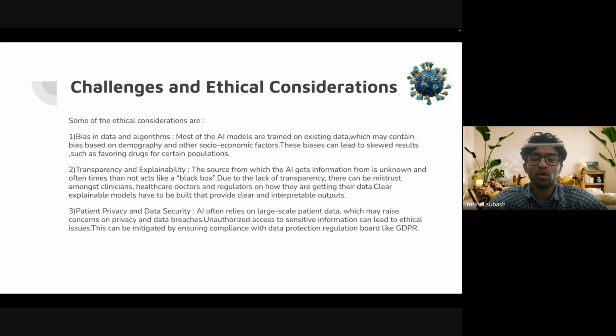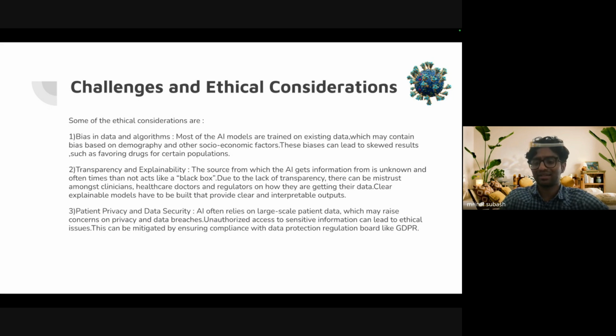There are a number of examples of how unauthorized access to sensitive information has led to ethical issues. And this can only be mitigated by ensuring compliance with data protection regulatory boards. In one case, there is a data protection regulation that has come up, which is called GDPR.